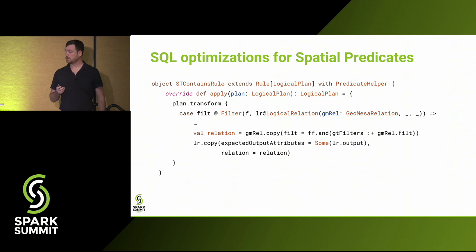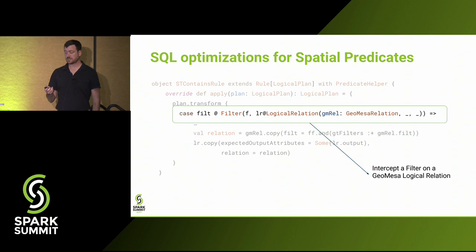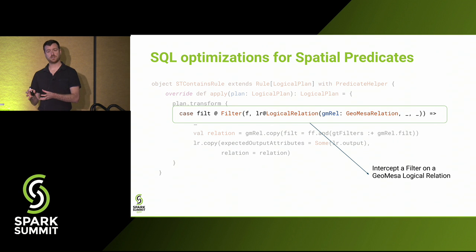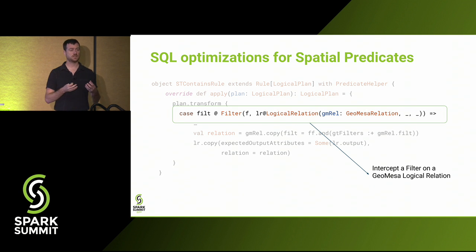So GeoMesa adds what we call the ST, the space-time contains rule, to the logical optimization phase. The space-time contains rule intercepts any SQL that has a filter on a GeoMesa relation. It then inspects that filter to determine if the filter has a topological predicate or another predicate that GeoMesa can handle natively.